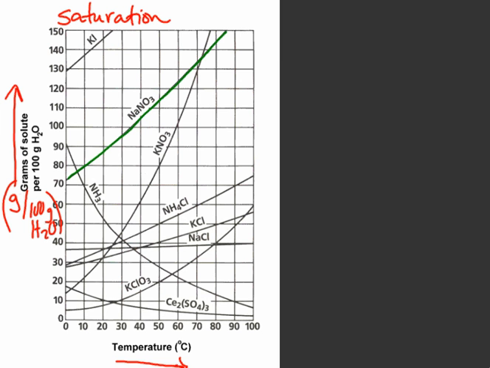Mainly when we're referring to saturation, we're talking about the amount of solute that a solvent can adequately dissolve. There is a point at which a solvent will no longer dissolve a solute, and that is what we refer to as the saturation point, the maximum amount of solute a solvent can dissolve.